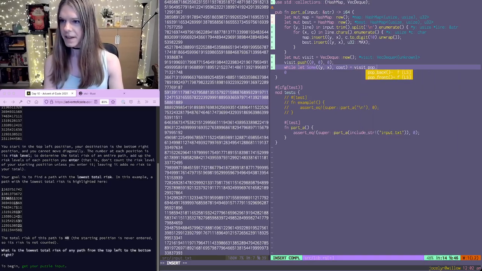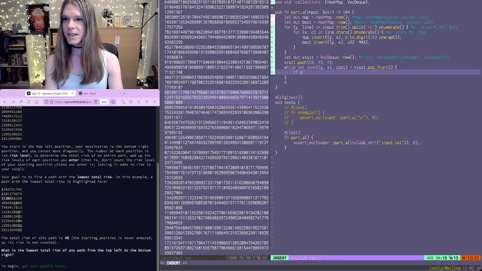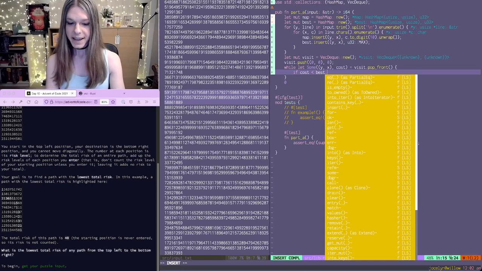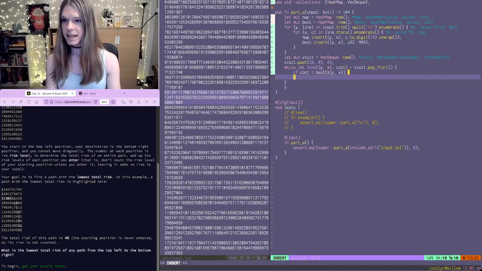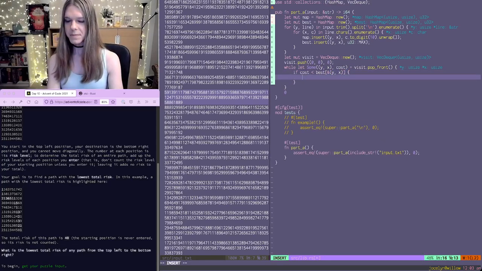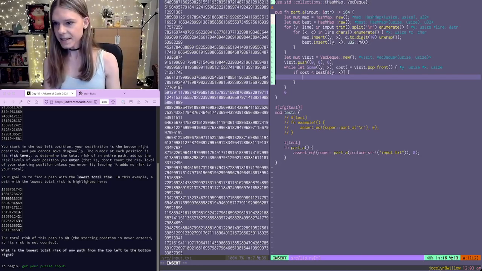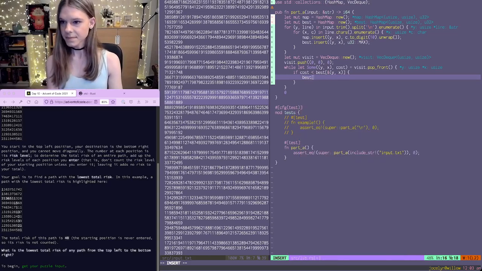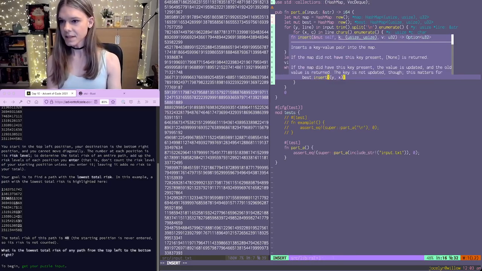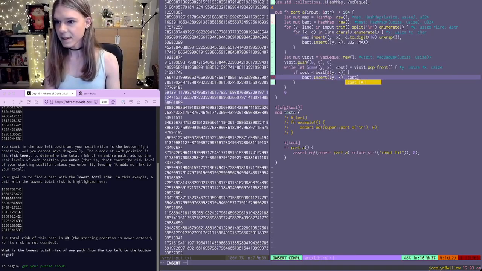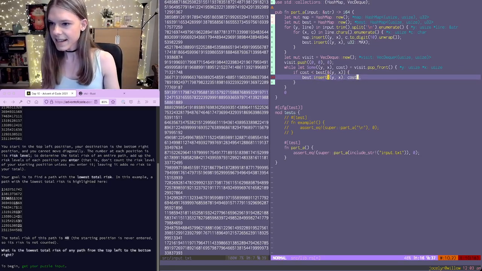Wonderful. And then while let Some, and we have y, x, and cost, equal to visit.pop_front. Then we're going to say, if cost is less than the best we have right now for that position, then we are going to set the best to that new cost. And we're going to push the new options beside it.